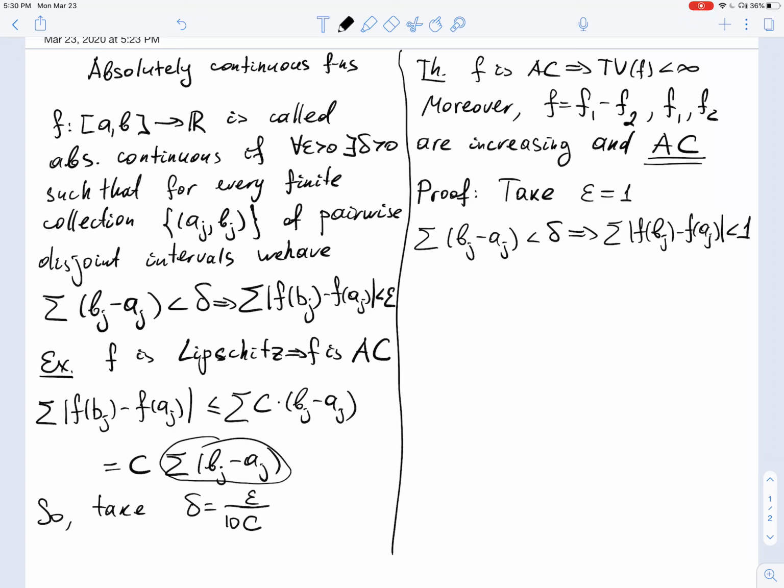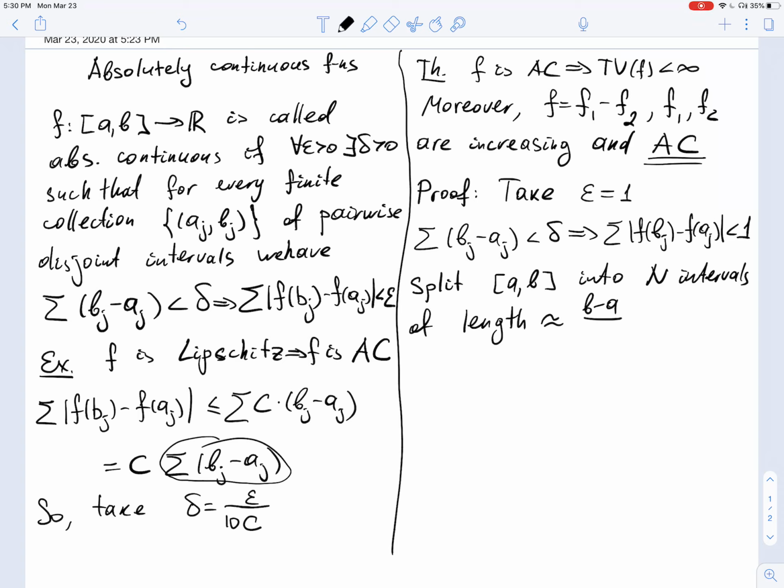Okay, so now split the interval AB into n intervals of length approximately b minus a divided by delta.